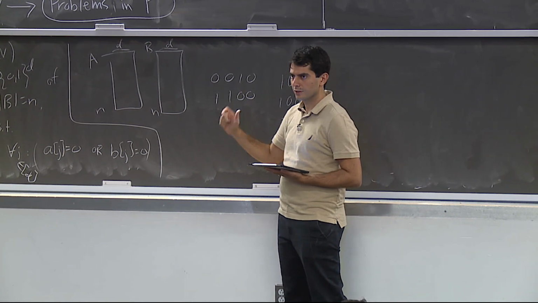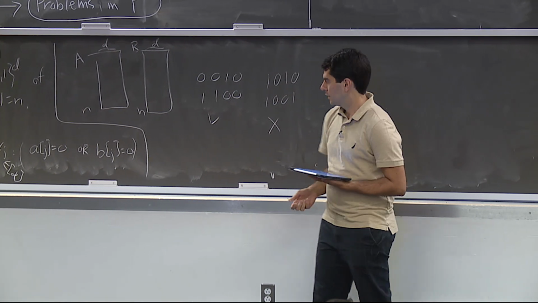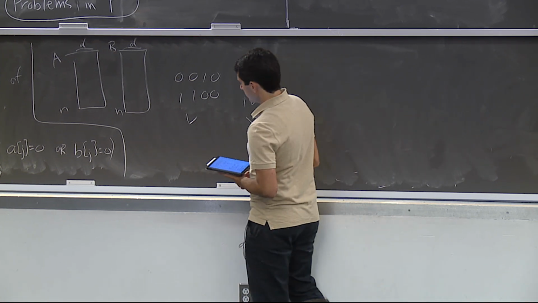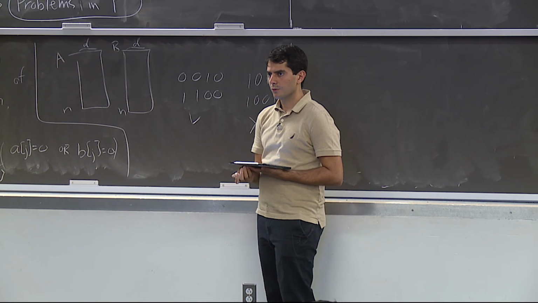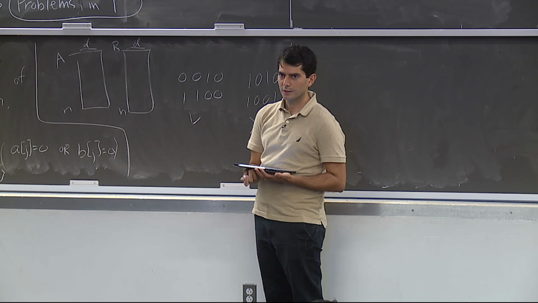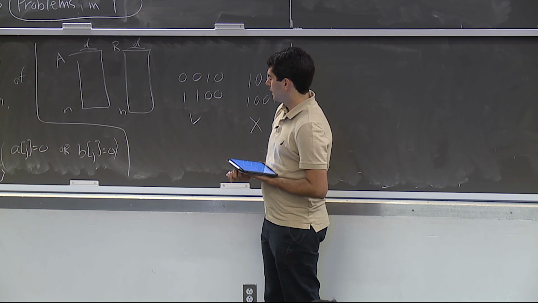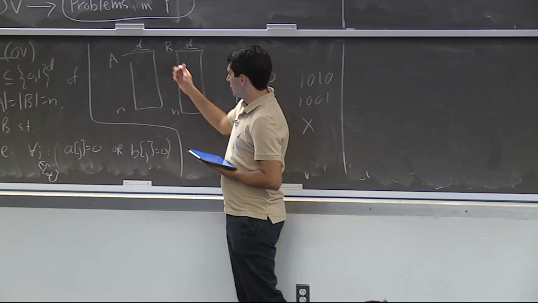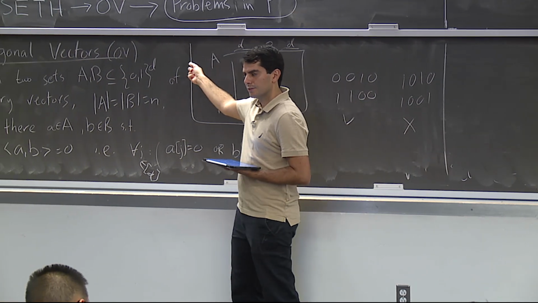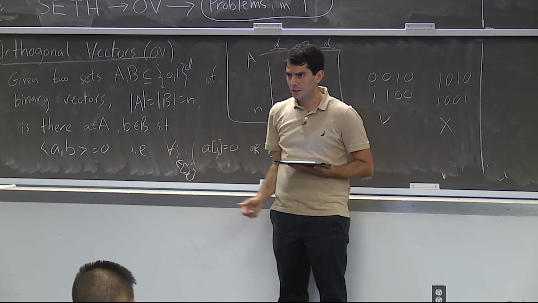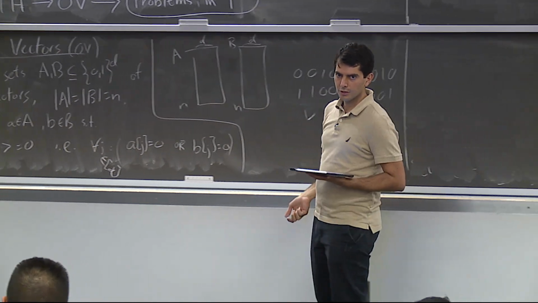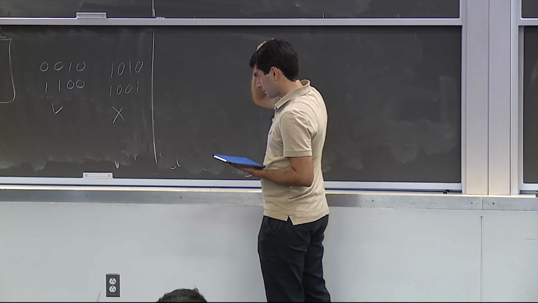It's kind of like disjointness. So you can start thinking about how you solve this problem. I'm going to ask you how fast you can solve this problem. We will really care about this when d is small, like the dimension is polylog, but you can think of it in general, how you would solve this problem.